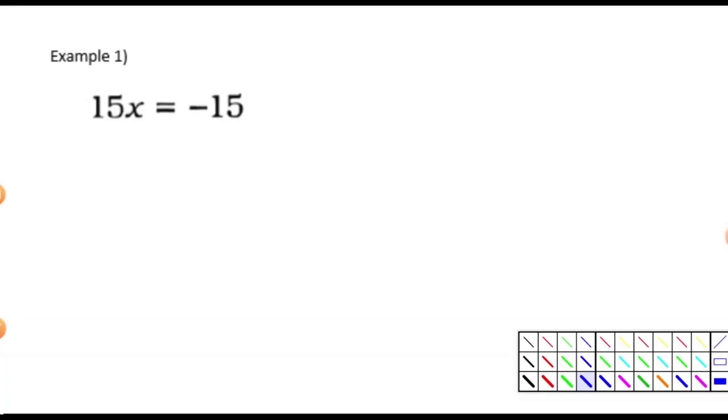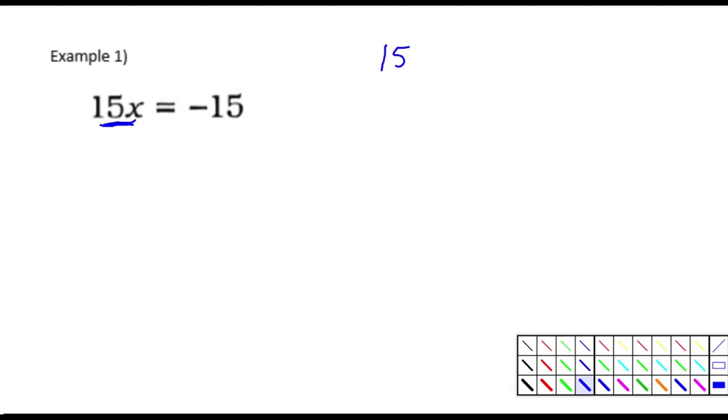All right, same thing with these problems as we did yesterday. So example 1, 15x equals negative 15. How about we write this in words, because that'll make your life a lot easier to know what's going on here. So we have 15. Now, when they put together a number and a variable just like this, that really means just multiplication.